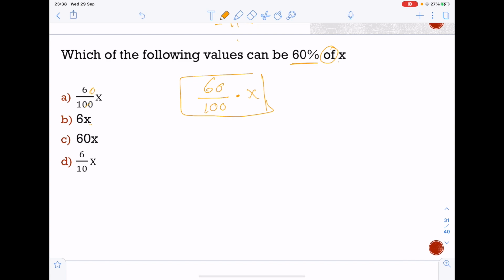And it's not B, because if we cancel this 0 with this 0, I'm left with 6 over 10x. Okay, which is this one. It's not 60x, because the denominator is not there. Okay.